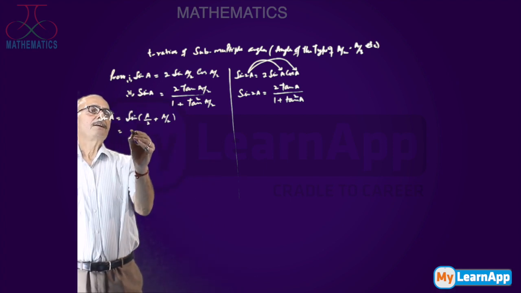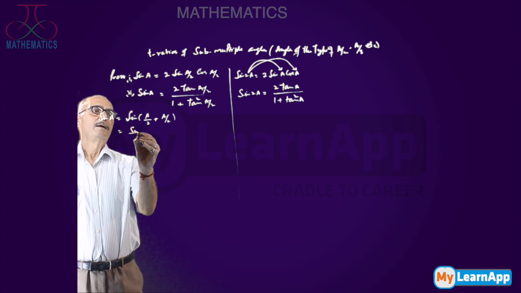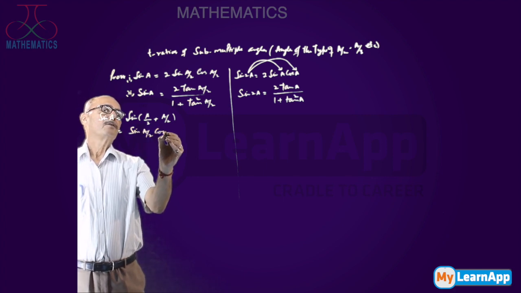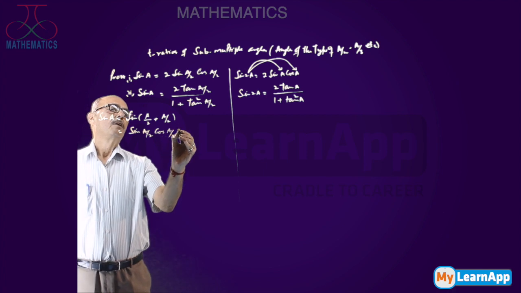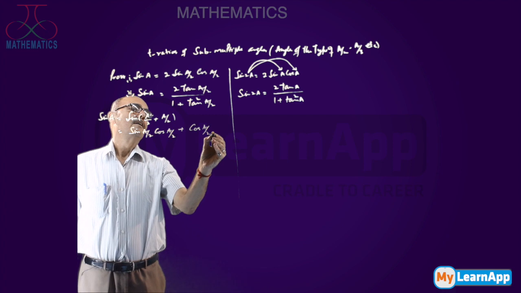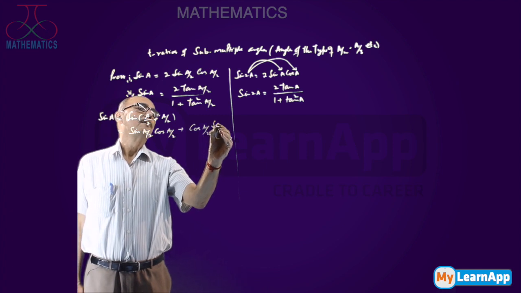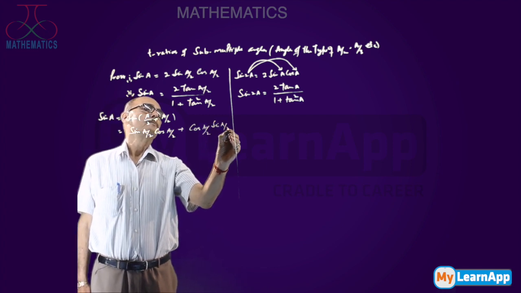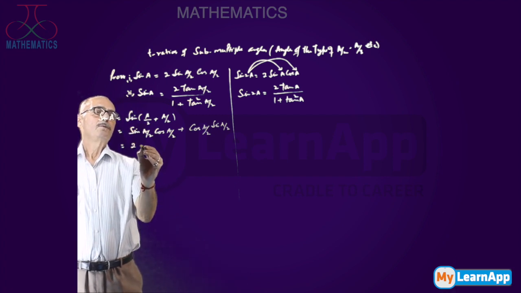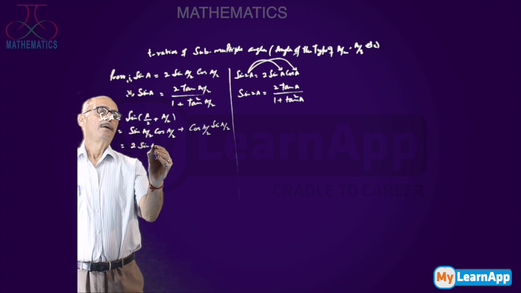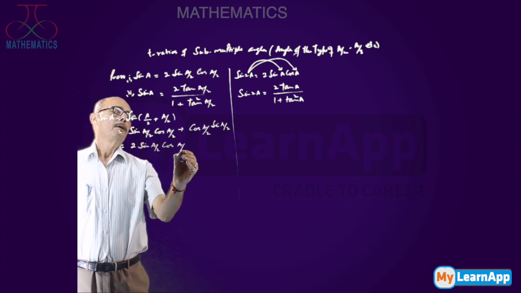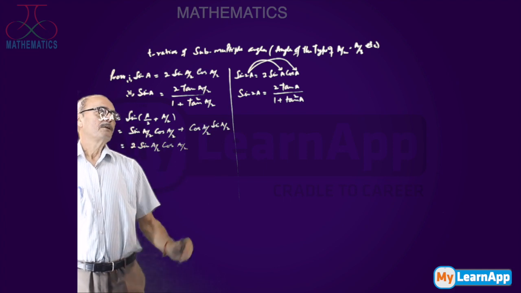Apply the formula sine A plus B: sine of first angle cos of second angle plus cos of first angle sine of second angle, or this is further equal to 2 sine of A by 2 cos of A by 2. So, you get the first result.